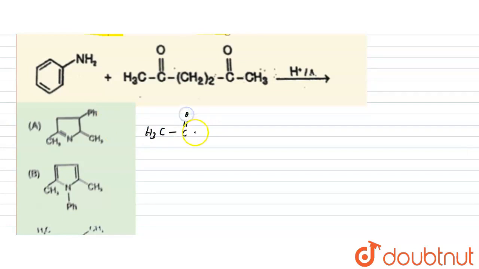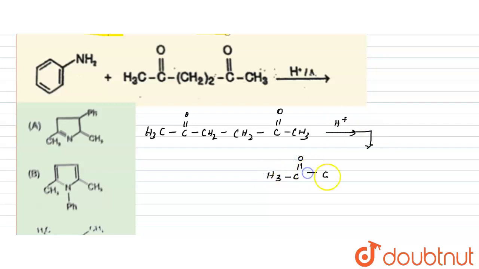When you treat this CH2, CH2, C double bond O, CH3 with H plus, you get the formation of a compound like this. You have H3C double bond O, CH2, CH2, and now here there will be formation of O positive and H will be attached here, and finally it will be CH3, right?